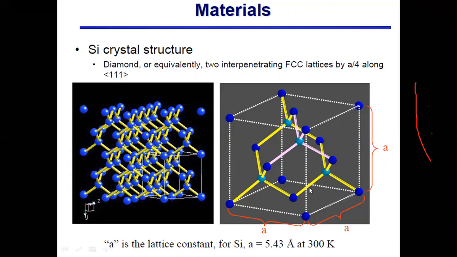So it is an FCC structure, and you could see that this is the silicon crystalline lattice structure. A is the lattice constant for silicon. A is this dimension, the side length of the cubic crystal of the silicon, and it is 5.43 Angstrom at 300 Kelvin.